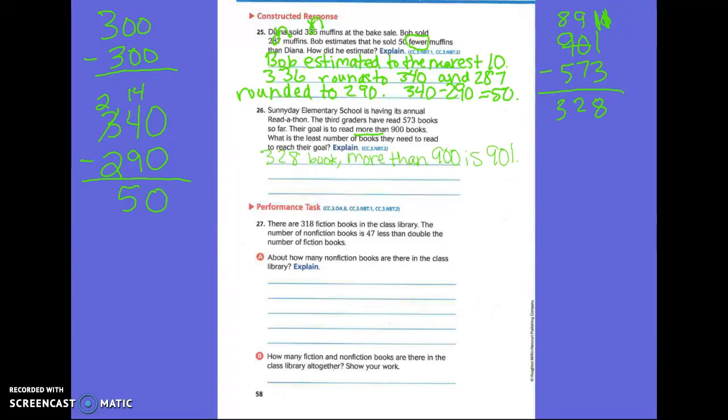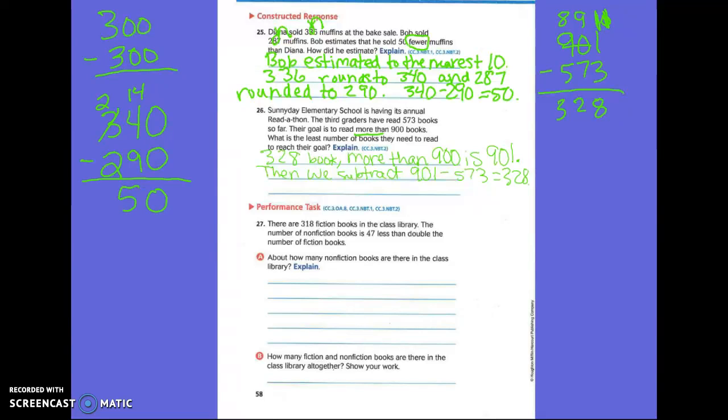Then we subtracted 901 and 573. Okay, then we subtract 901 minus 573, and that equals 328. That is your answer.